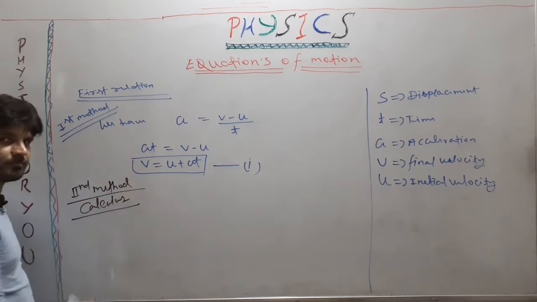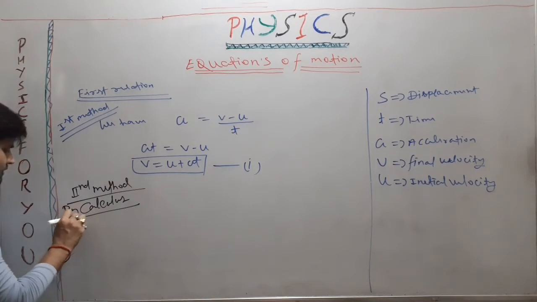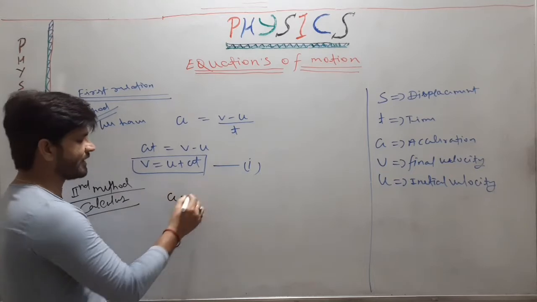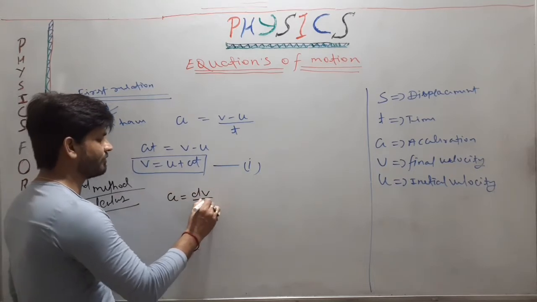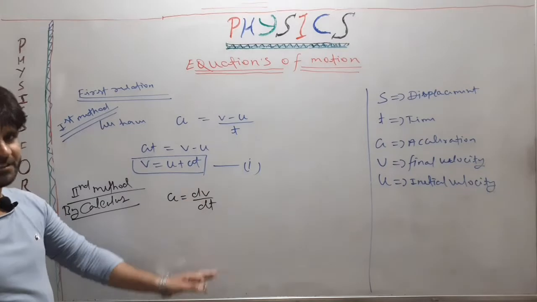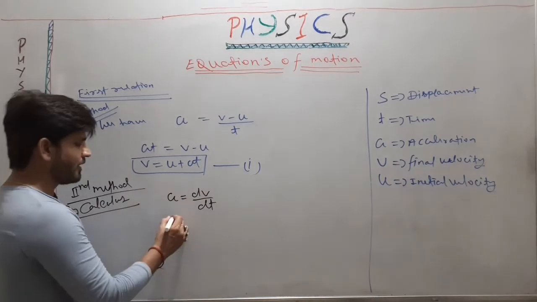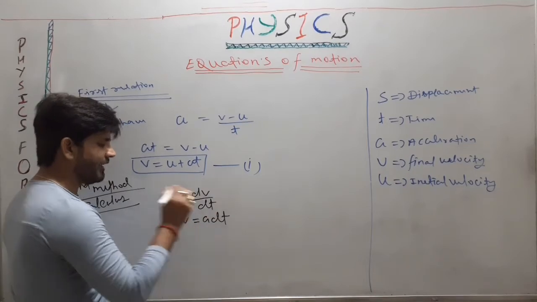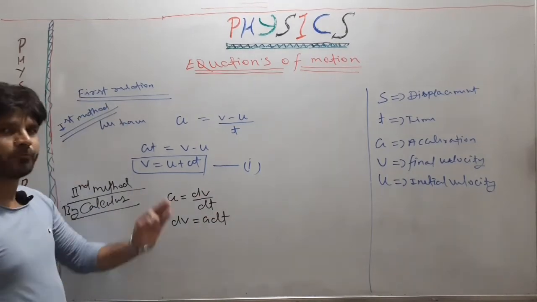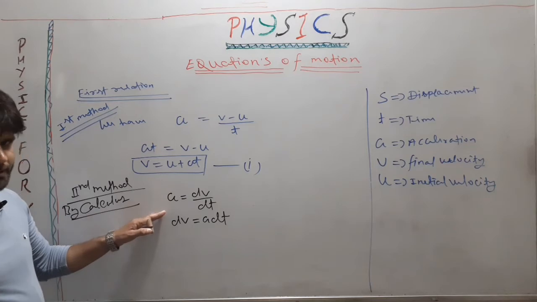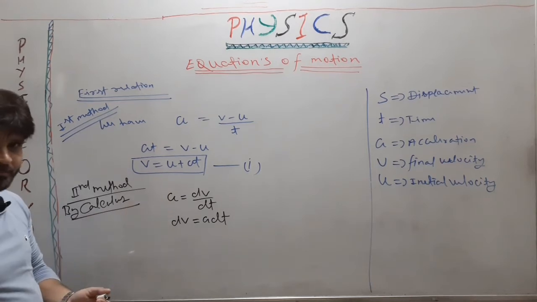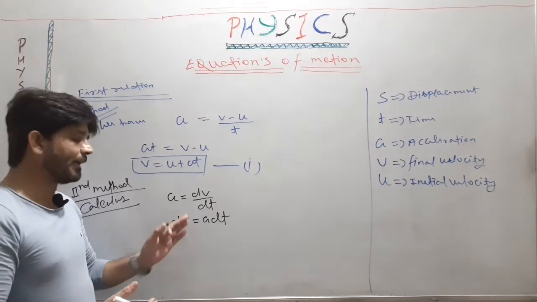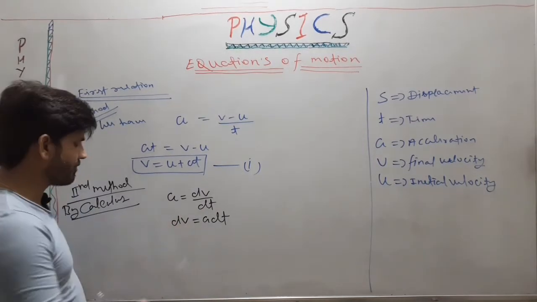By calculus. In the differential form, we know that the acceleration can be represented as a equals dv by dt. By cross multiplying we can write dv equals a dt. Due to this acceleration the velocity of the body can change. Let the velocity change from u to v, then we have to integrate this term.